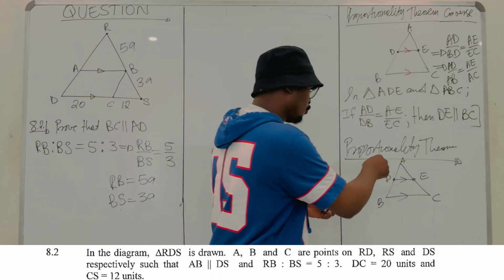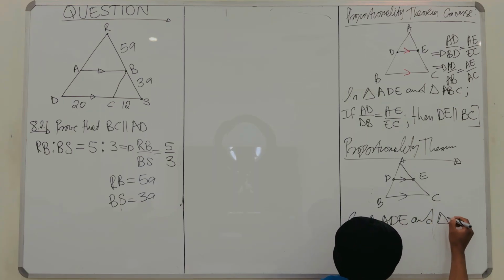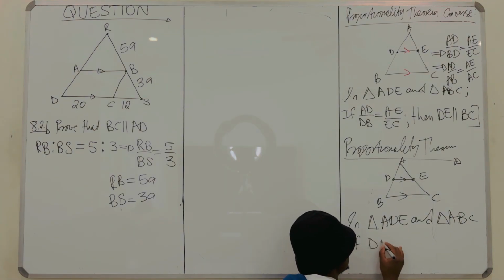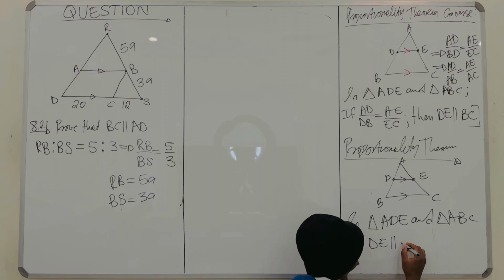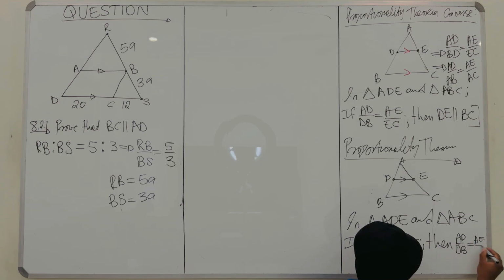So, in this case, for the proportionality theorem, what do we have? We have that in triangle ADE and triangle ABC, if DE is parallel to BC, then the corresponding ratios are the same, which is AD over DB will be equal to AE over EC.